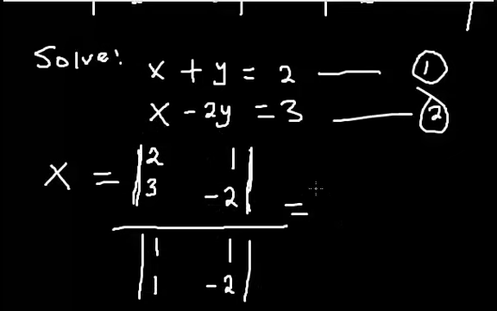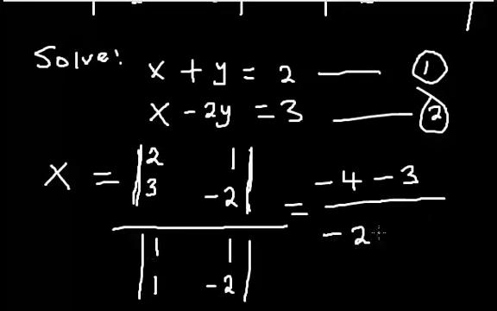That's going to be 2 times minus 2, that's minus 4, then minus our minor diagonal 3 times 1, that is 3, divided by the same thing here: 1 times minus 2, that's minus 2, then minus 1 times 1, that's 1.